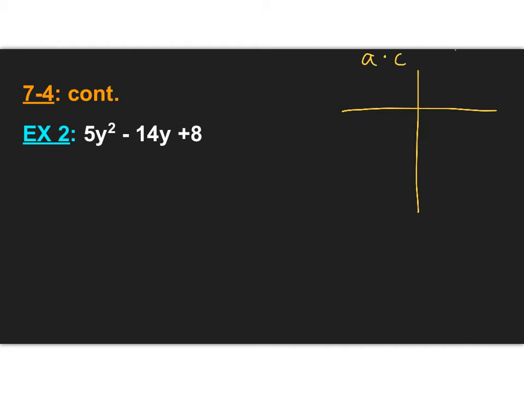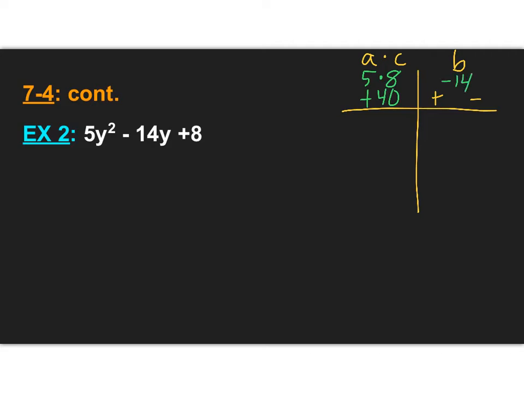So I'm going to label my table. So every table is going to look like this. So my A in this case is 5, and my C is 8. So 5 times 8 is a positive 40, and my B is a negative 14.